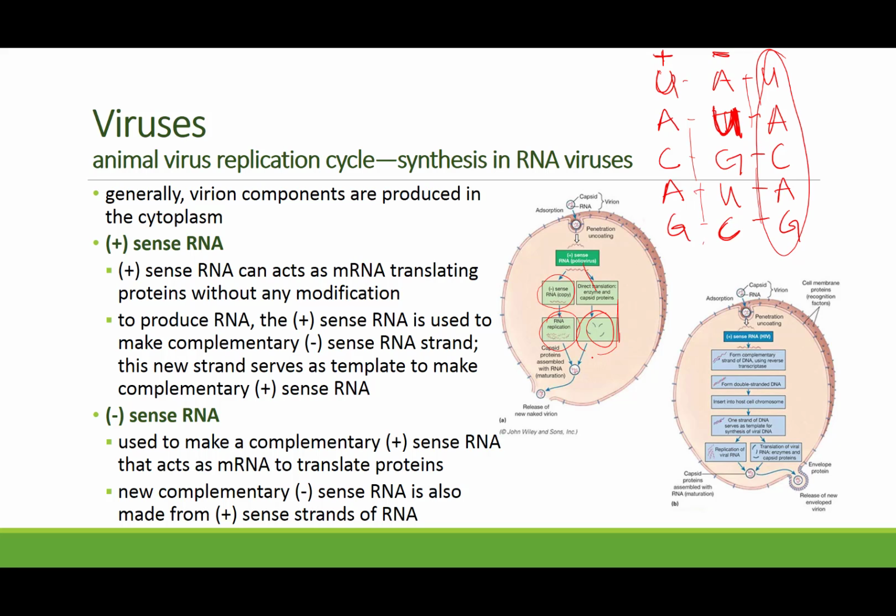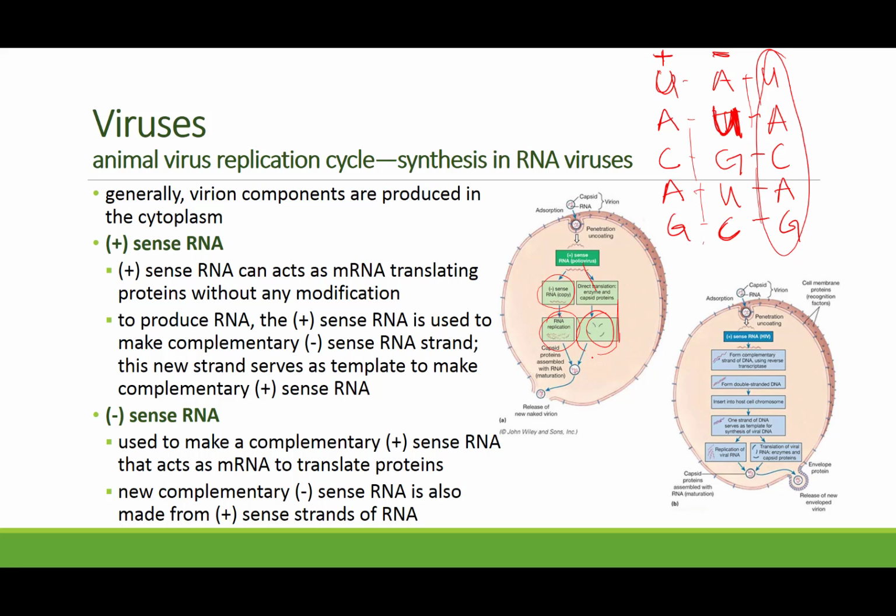So once we have this double-stranded DNA, we stick it into the chromosome of the host, and then one of those strands will serve as the template for making new viral DNA and for synthesizing the viral proteins. And so once we have a bunch of the virus proteins, then we can assemble those around the virus RNA, and we've built new virus particles.